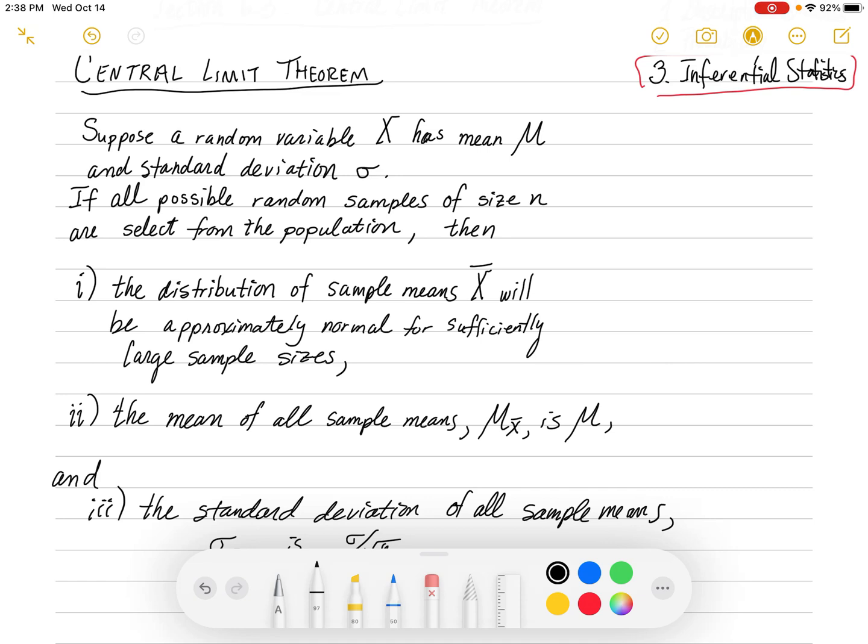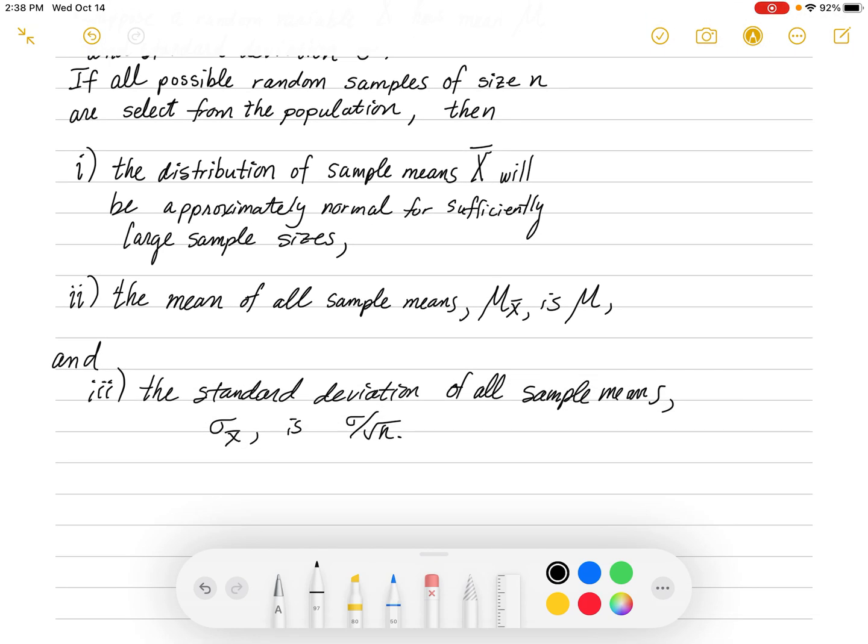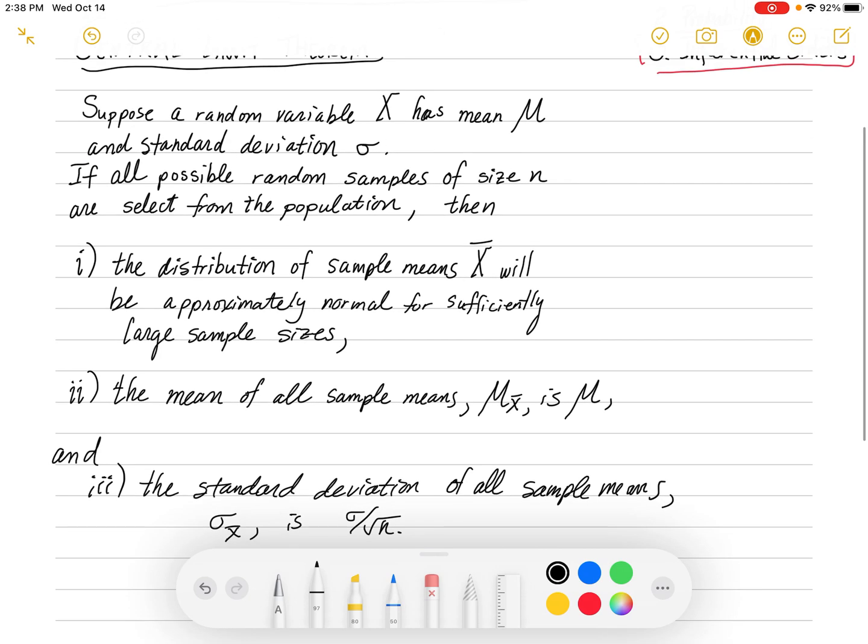Number two, the mean for that distribution of sample means, we call that mu of x bar. That's just going to be the original mean from the original population, mu. And the standard deviation for all the sample means, we call that sigma of x bar. That is going to be the original standard deviation divided by the square root of n.